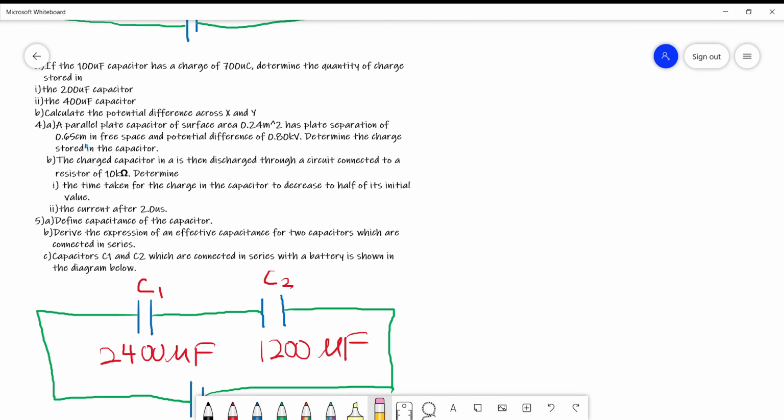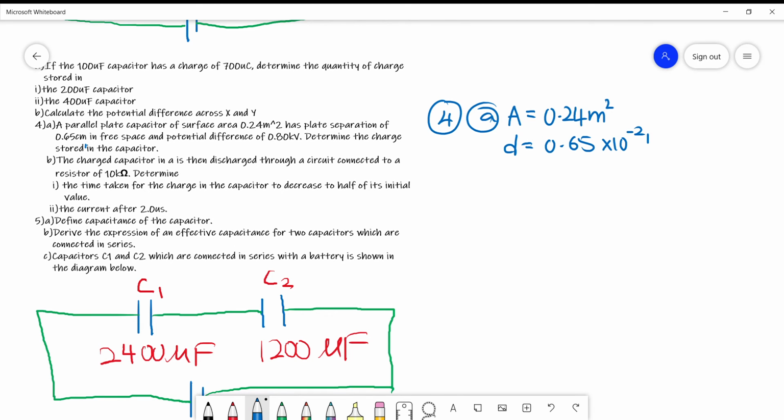For number 4, a parallel plate capacitor of surface area 0.24 meters square has a plate separation of 0.65 centimeters, which is times 10 to the power negative 2 meters, in free space.